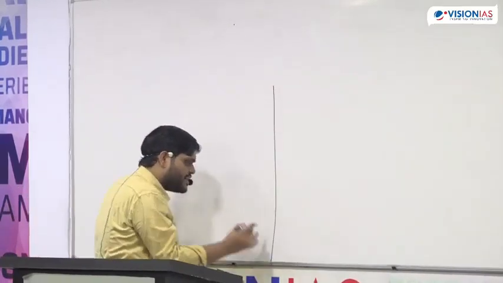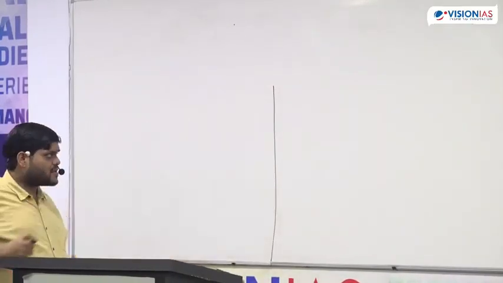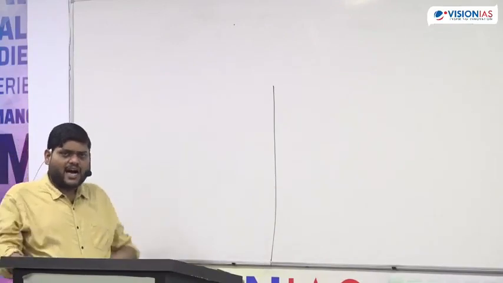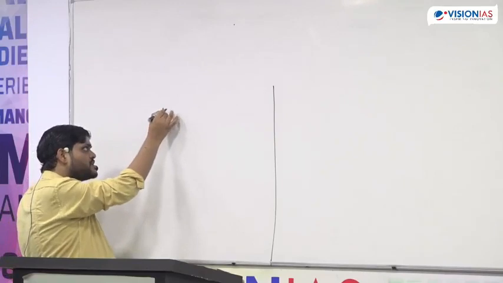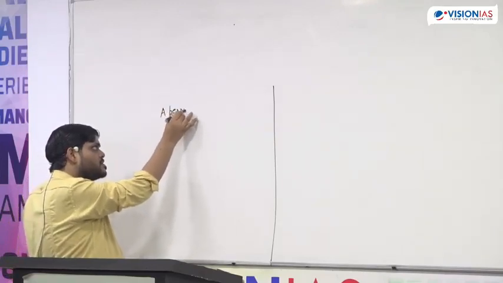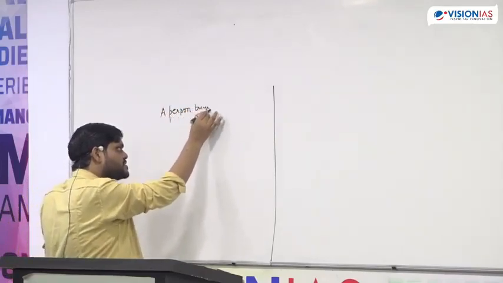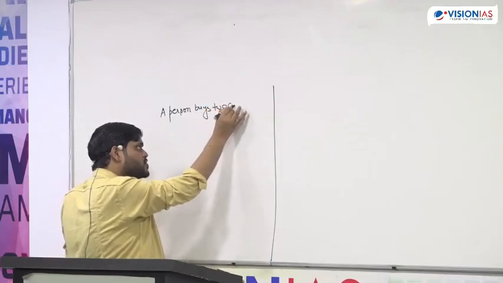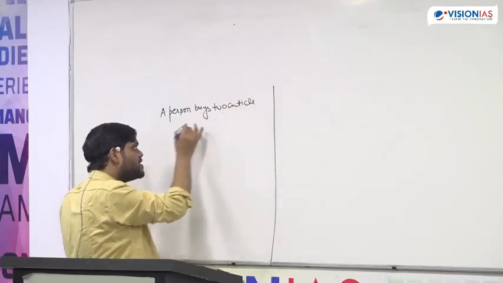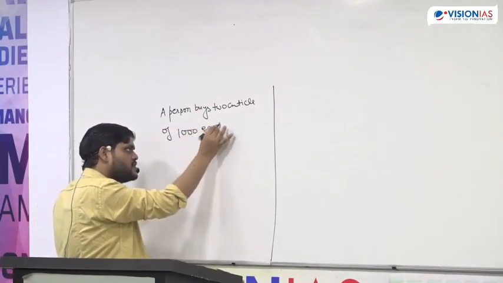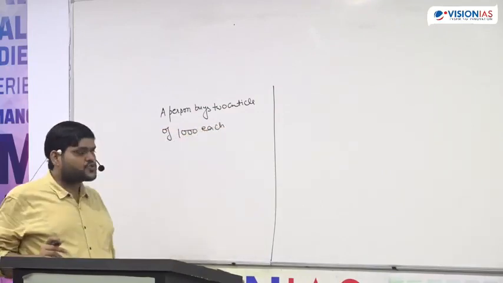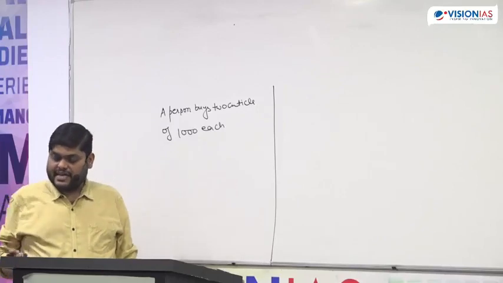Just draw a line in your page, and on one side write like this: a person buys 2 articles of 1,000 each.